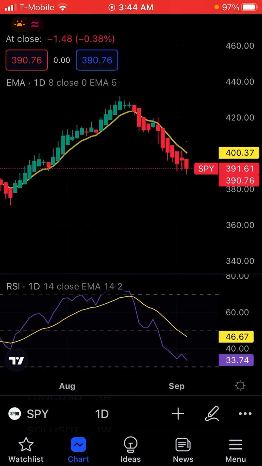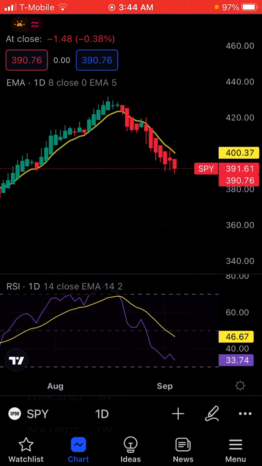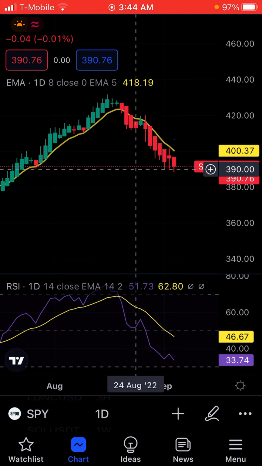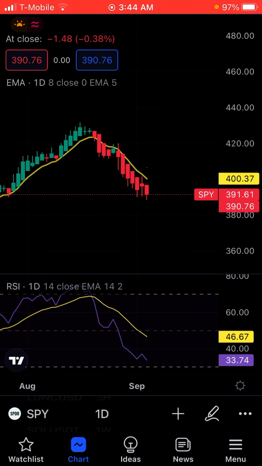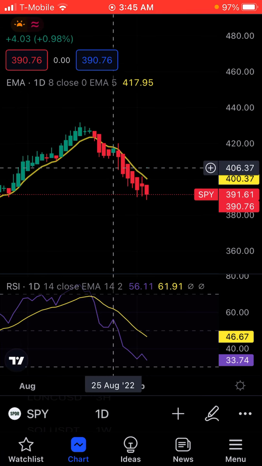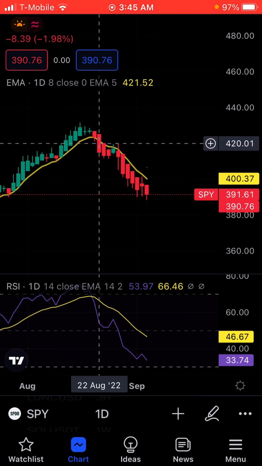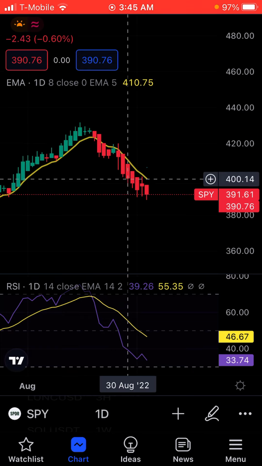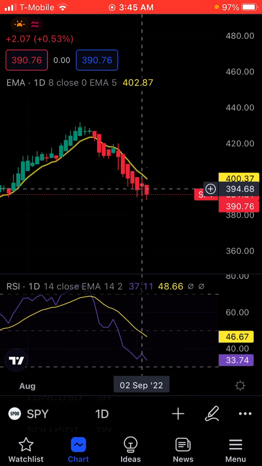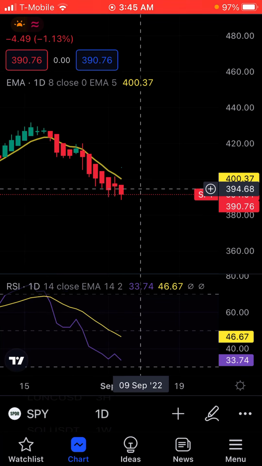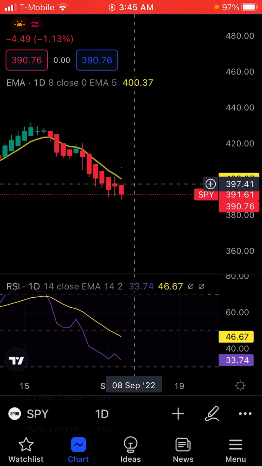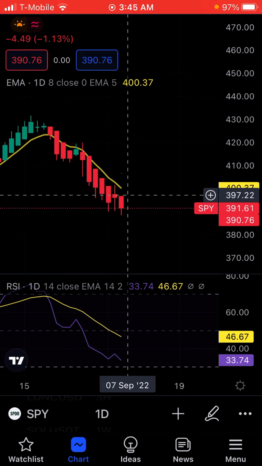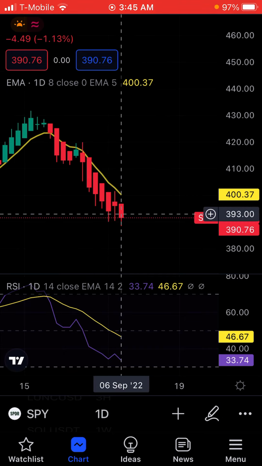So the last 2 cycles, from what we can see right now, we could see if you got in right here. Now you could tell just by looking at the EMA, it's far off.